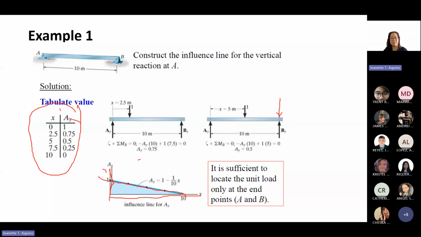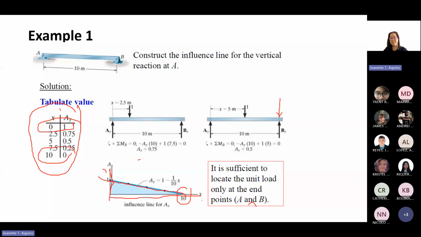You only need this point and this point, and then plot the graph. At 0 you have 1, and then at the end, at 10, you have 0. So then you can draw it.